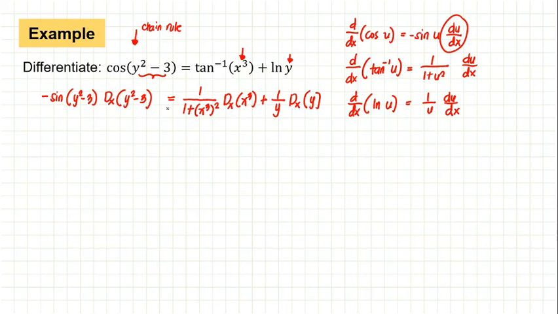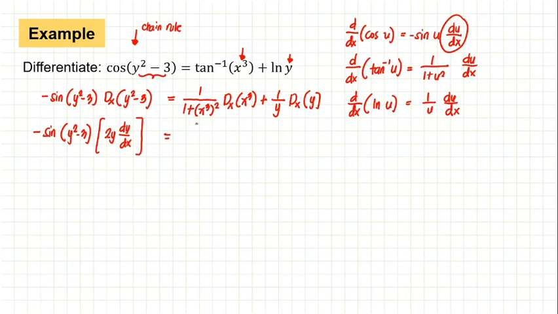Then after that, let us now simplify. So we will have negative sine of y squared minus 3 times the derivative of y squared using implicit differentiation or the chain rule. We will have 2y dy over dx, right? The derivative of negative 3 is 0, so ito lang yung matitira.